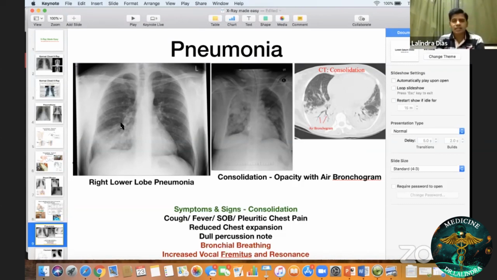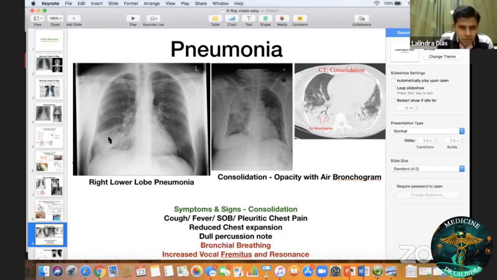Then there's a classical hallmark sign in radiology for a patient with consolidation. When you get a consolidation in the chest X-ray, you must look for what is called air bronchogram. You can see our windpipe divides into various branches: trachea, main bronchus, terminal bronchioles. When air goes through these sub-branches, you can see black colored lines.